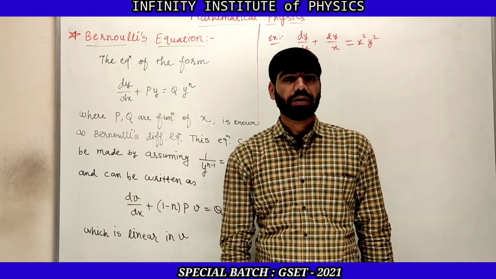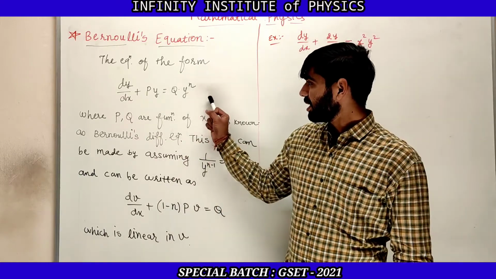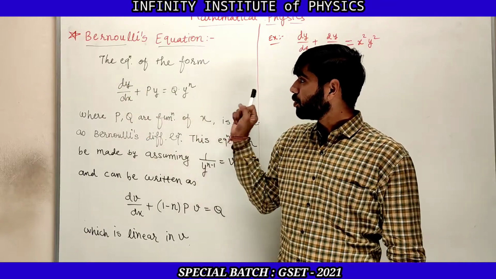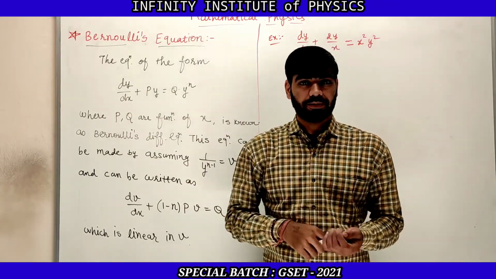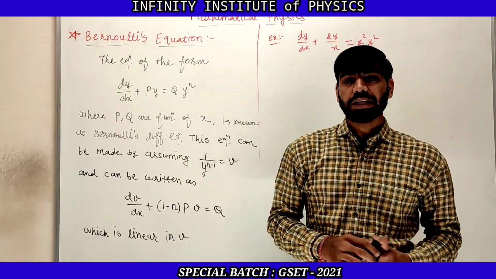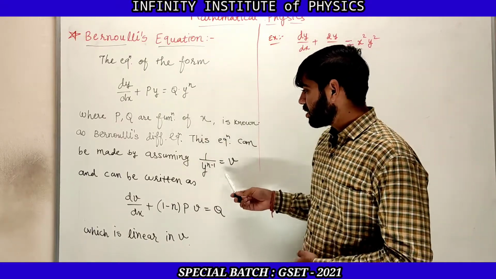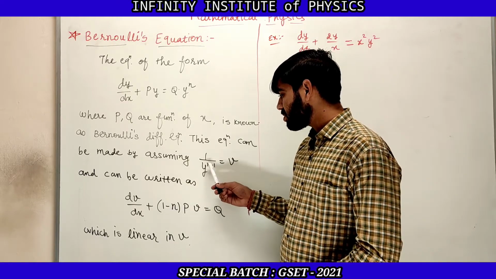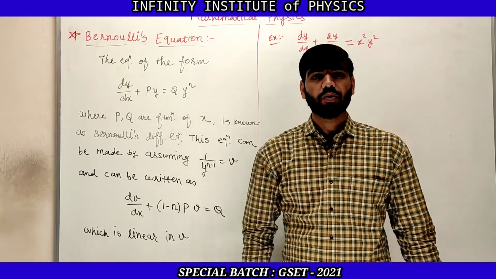This equation can be solved by converting it from non-linear to linear. This is a non-linear differential equation, but we can convert it into a linear differential equation by assuming 1 upon y raised to n minus 1 is equal to v.